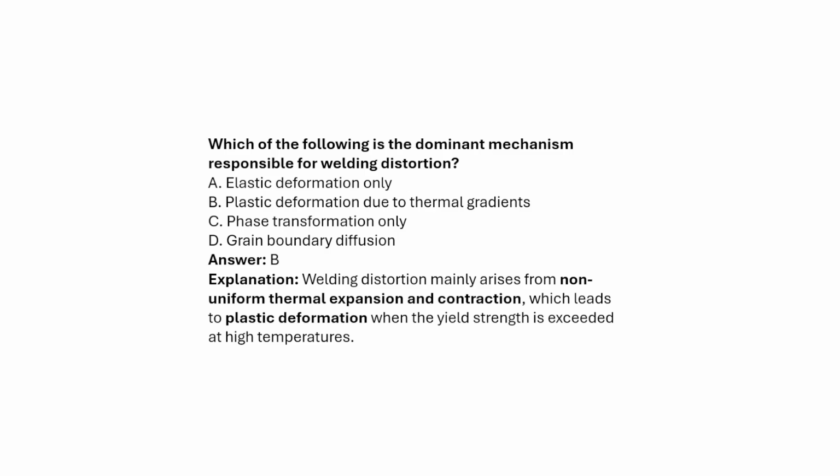Answer will be plastic deformation. It is permanent deformation, so it is plastic deformation due to thermal gradient. Welding distortion mainly arises from non-uniform thermal expansion and contraction, which leads to plastic deformation when the yield strength is exceeded at higher temperatures.